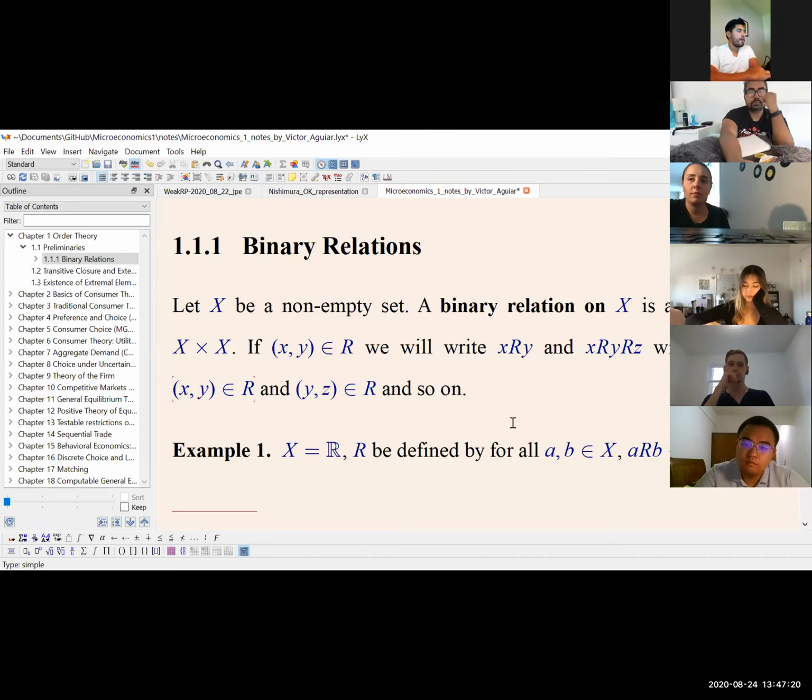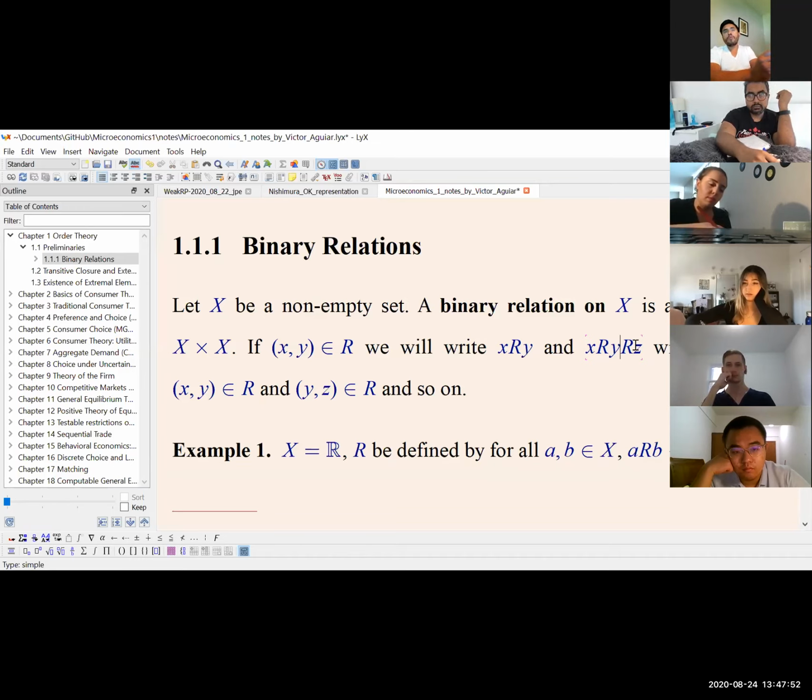I have a quick question. Sure. If XY belongs to R and YZ is in the relation too, can we say X and Z are in the relation as well, or is it not necessarily the case? Good question, let me rephrase it. If X is in relation with Y, and Y is in relation with Z, can I infer that X is in relation with Z? Well, not generally.